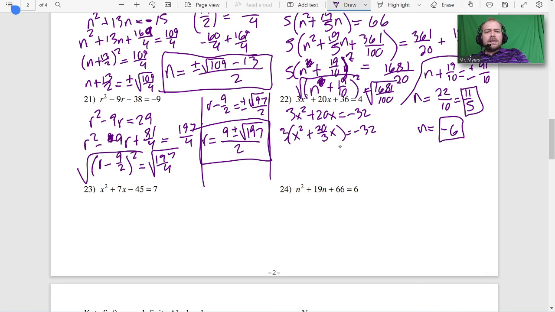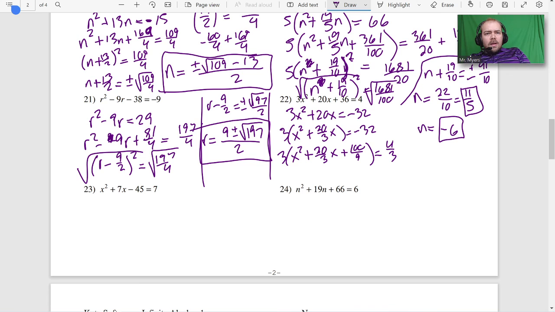Then we would take half, which would be 10 thirds, and then square that. 10 thirds squared is 100 ninths. 3 times that would be 100 thirds. So 100 thirds minus 32, 4 thirds.